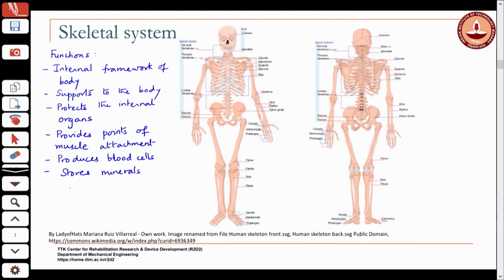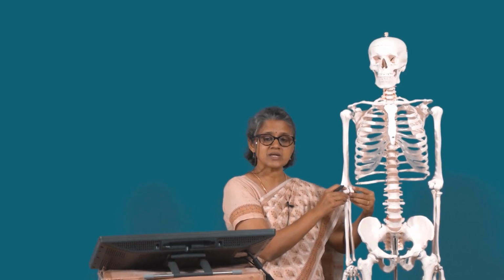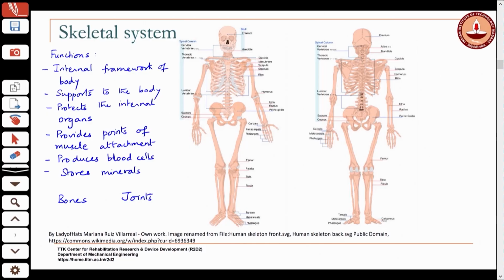So, when we talk about the organs of the skeletal system, the two parts are the bones and the joints, right. The bones are the rigid members, and the joints are the places where they come together, because that is what allows the movement.